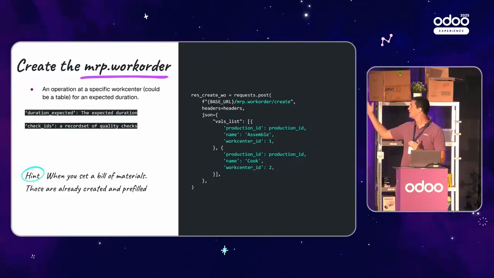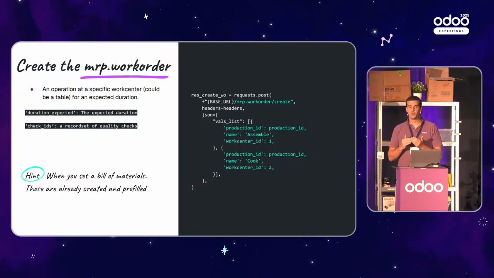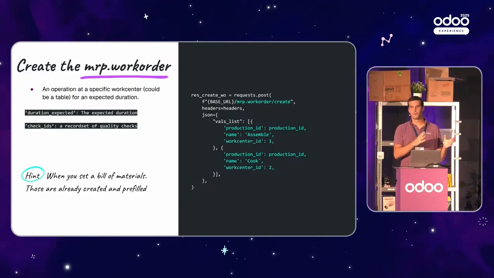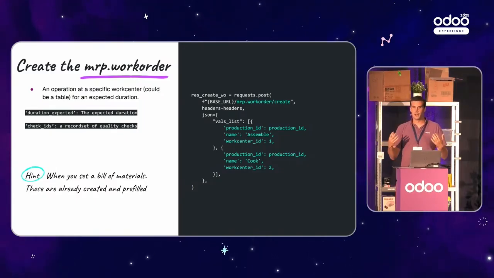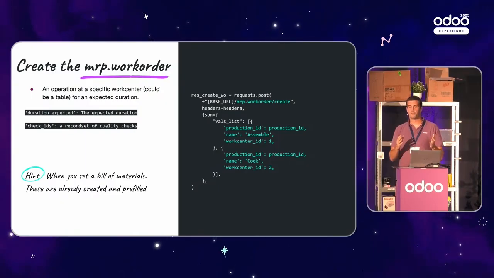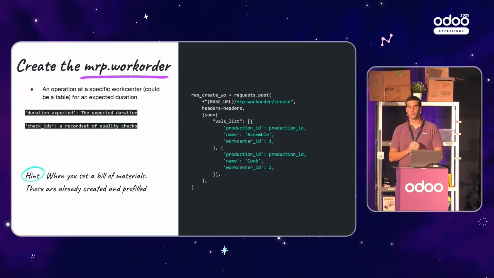You have the production ID key. For the work orders, you don't have different many-to-one keys because you don't have a work order for finished products or components. They are part of the production, so it's always production ID. You have the name of the operation, and you also have to define the work center where you want to process the operation.